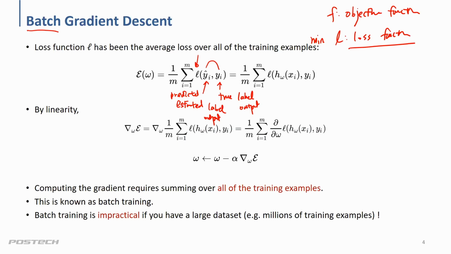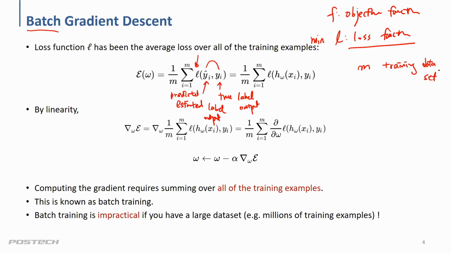Commonly, for regression it is the least squares, and for classification it is cross entropy. Suppose we have m training examples. That's the entire data set.